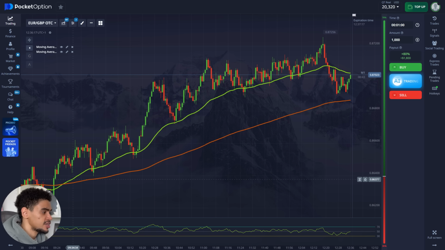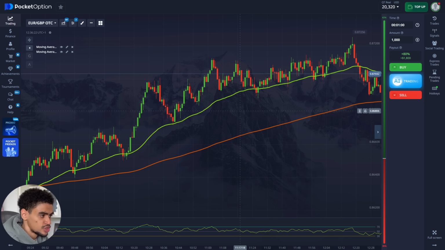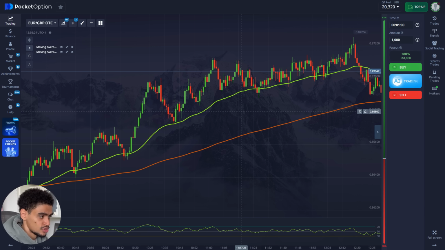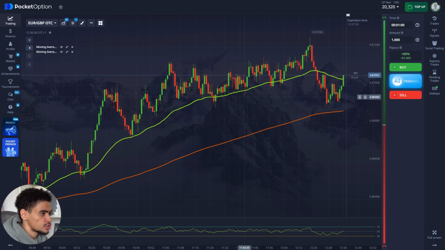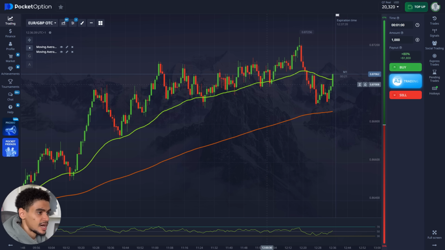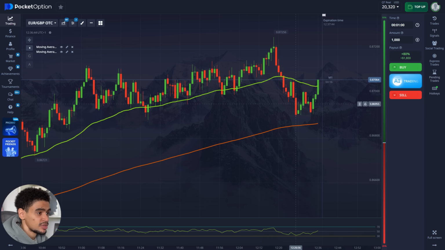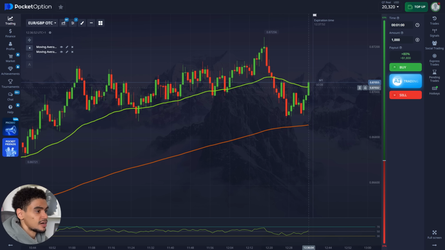For example, right here we had a strong uptrend, and every single time the price pulled back into the 50 moving average, it got pushed back up, a lot of the times. Here finally the breakout happened, and once again the price didn't reach the 200 EMA and went back above the 50 EMA. So this would be a sign to enter a position.